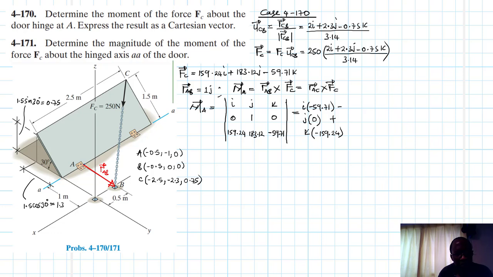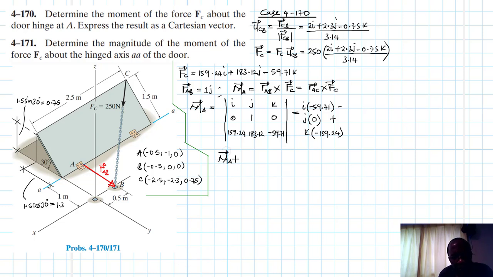Let me just create a boundary here. Okay, something like this. And therefore, our MA is just going to be equal to, let's write our MA.